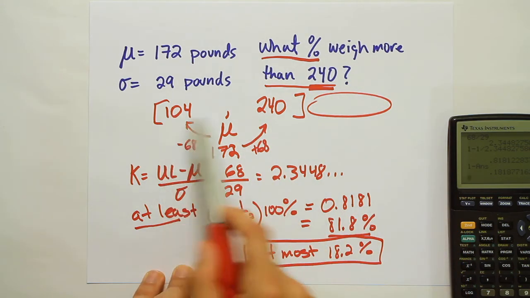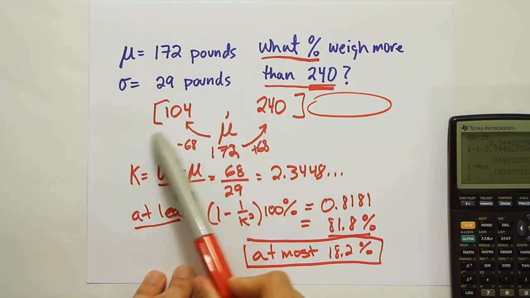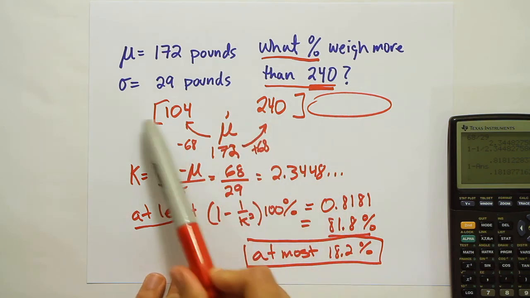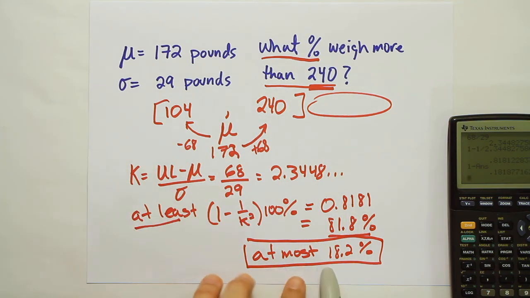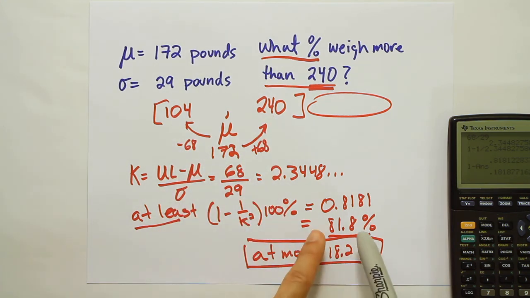It could all be contained within here. It could be 100%, because it says at least 82% is inside the interval. That means it could be as high as 100% in the interval, which means there would be nothing out here. The maximum that can be out here is 18.2%, because we know that inside here holds no less than 82%.